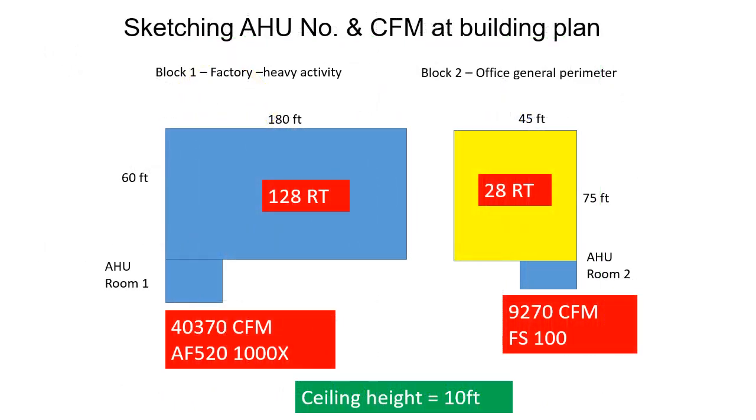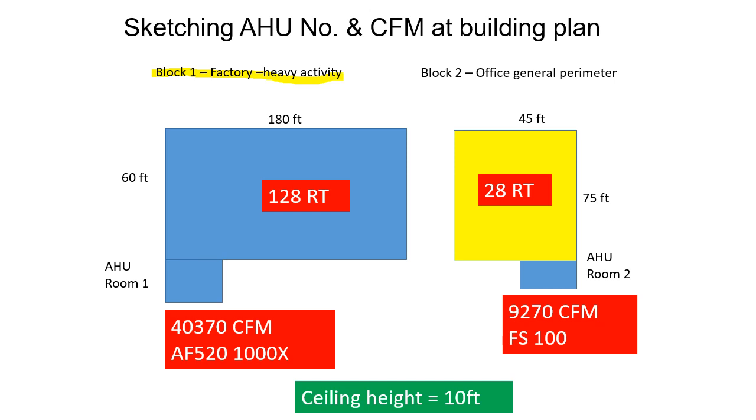Right, let's take a look at an example. If you have block 1, we'll see only one example, even though we have 2 here, but you can repeat the same process for both buildings.